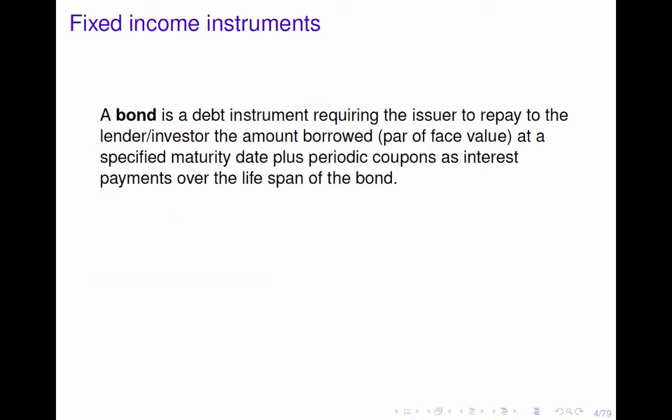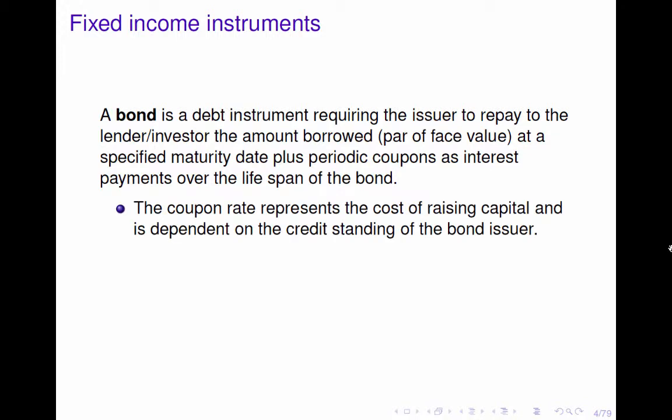One of the typical examples of fixed income instruments is the bond. A bond is a debt instrument requiring the issuer to repay to the lender or the investor the amount borrowed at a specified maturity date, plus periodic coupons as interest payments over the lifespan of the bond.